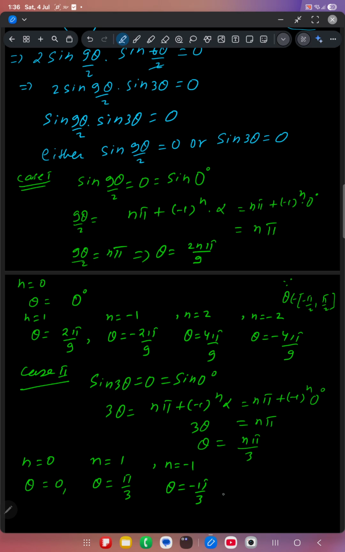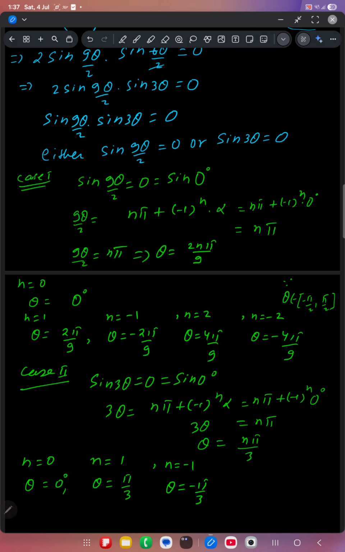So these are the permissible values, in which 0 is common in both the cases. So we will take it one time and then count the whole solution. Our solutions are: this is 1, this is 2, this is 3, from here 4, 5, 6, 7, and 0 we have already considered, so 7 solutions are there.